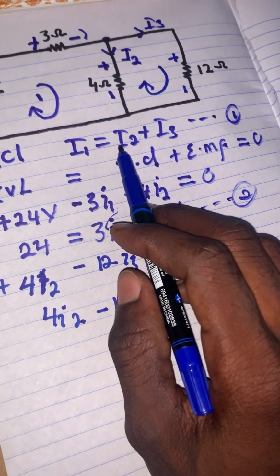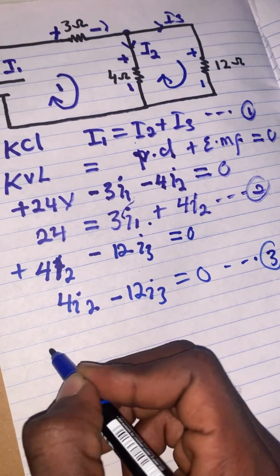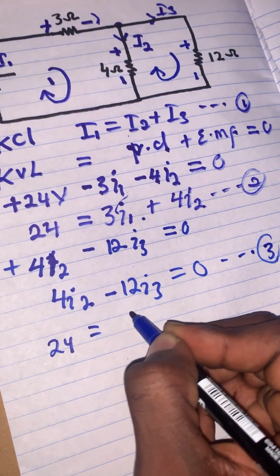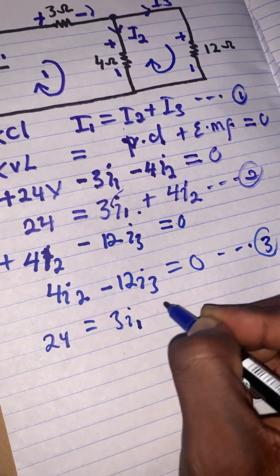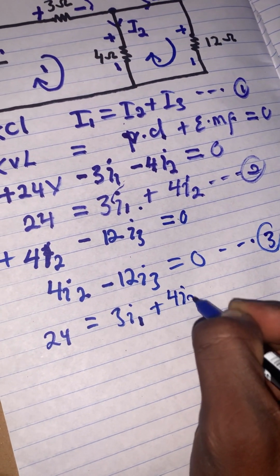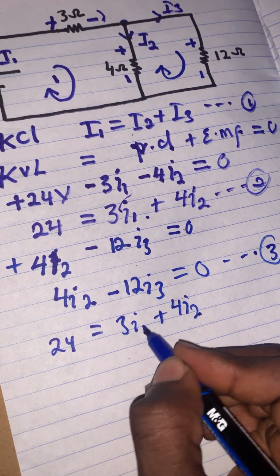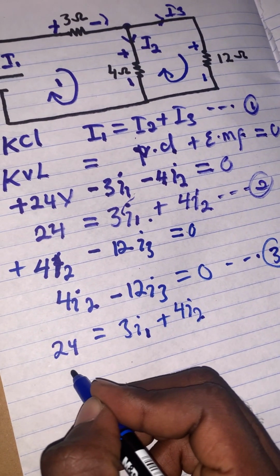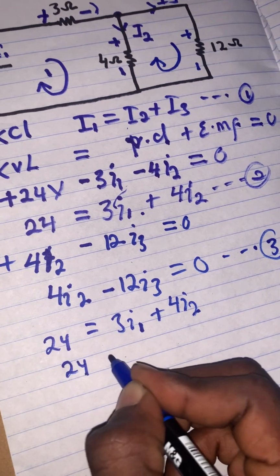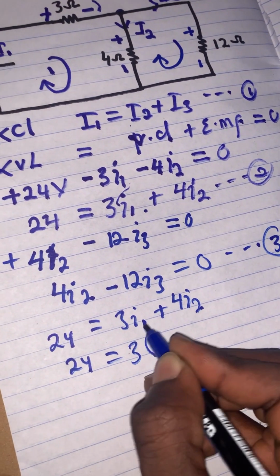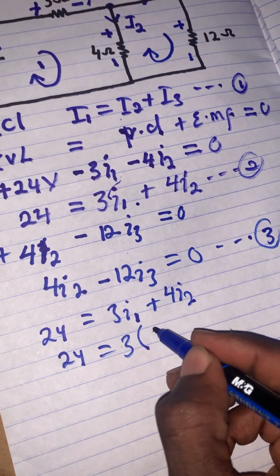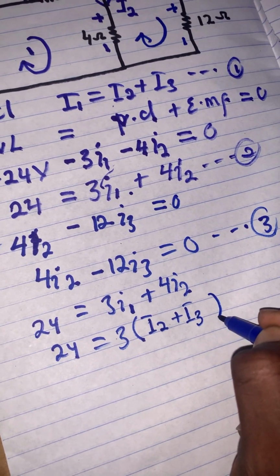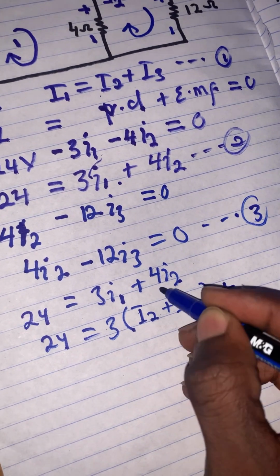Now substitute equation 1 into equation 2. It says 24 equals 3I1 plus 4I2. Now we substitute I1 from equation 1 into this equation. This would be 24 equals 3 times (I2 plus I3), close the bracket, plus 4I2.